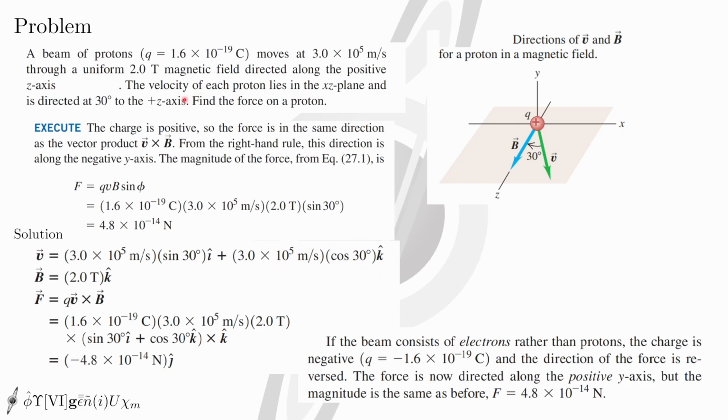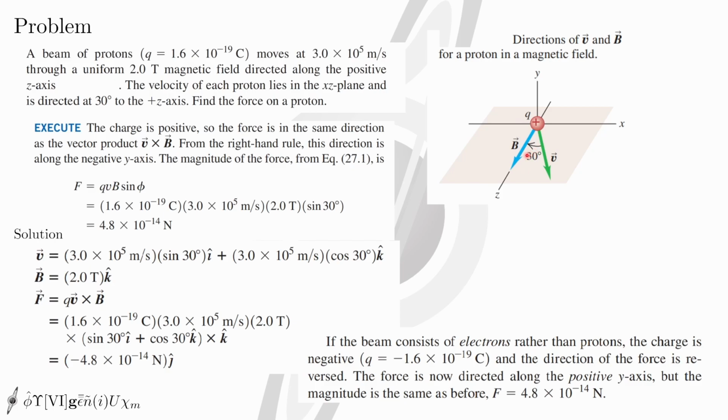Take note that based on the problem, the velocity of each proton lies in the xz plane, as you can see here. So that's why you have i hat and k hat here. And then it is directed at 30 degrees to the positive z-axis. That's why you have this angle here.